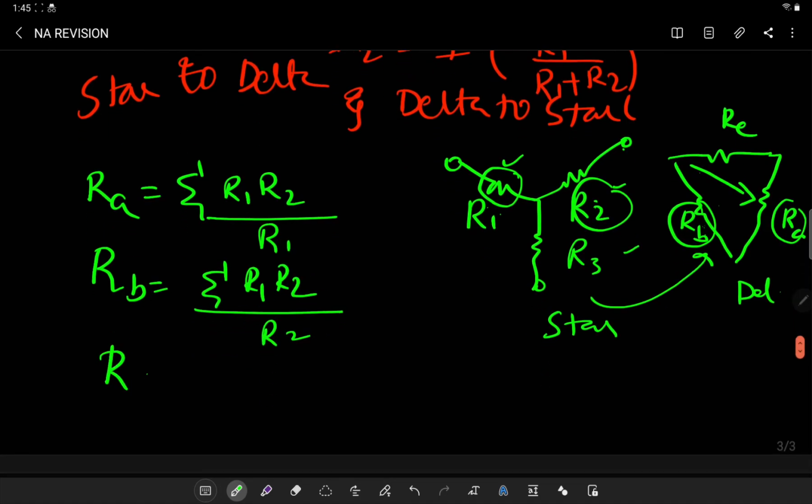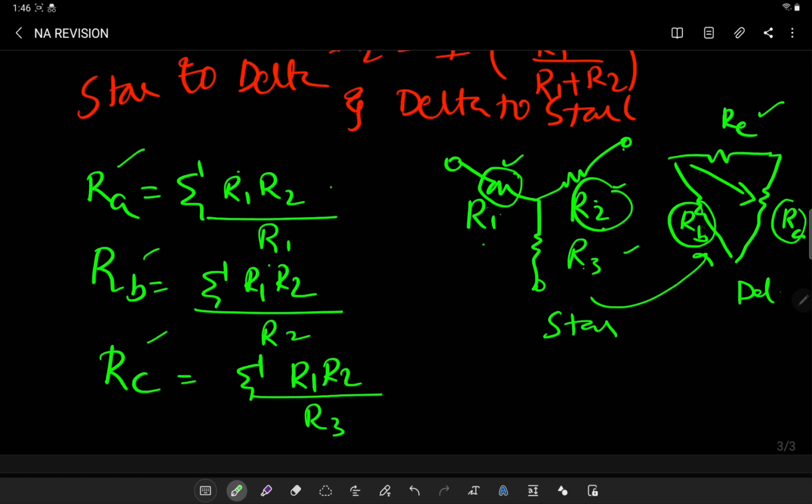Similarly, RC will be summation of R1 R2 divided by R3.